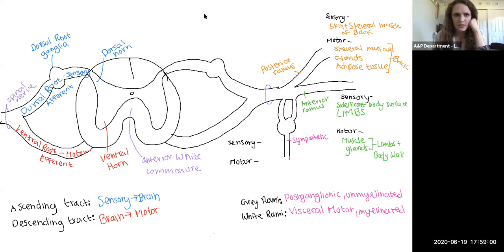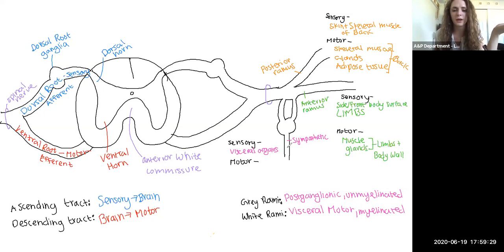Okay, sympathetic. The sensory function of your sympathetic nerve is all your visceral organs. So this would be like you downed a big hamburger or a Panda Express. I'll probably use Panda Express a lot in this lecture because it's my favorite. But you ate a bunch of Panda Express and your stomach knows.